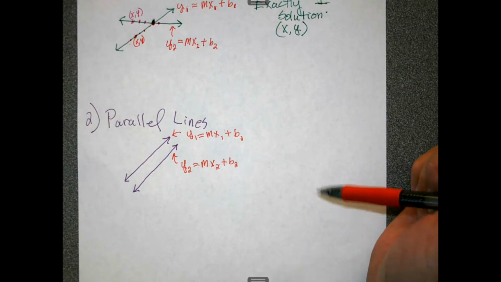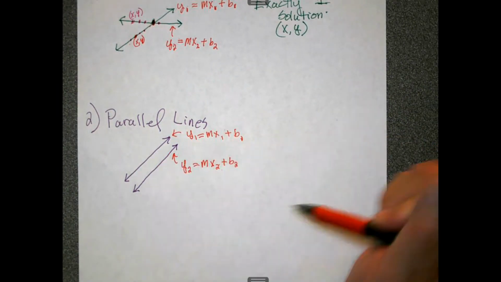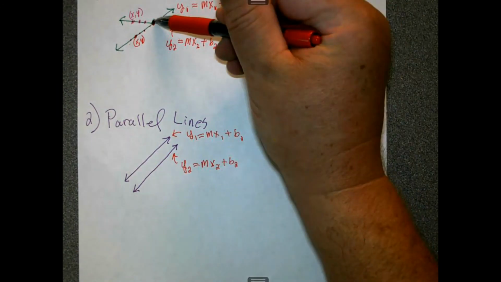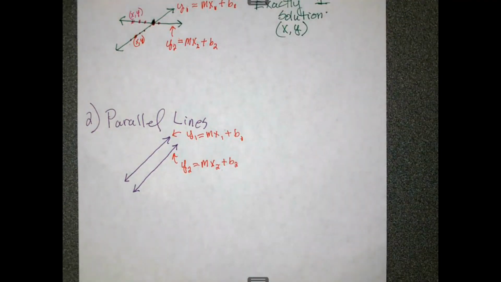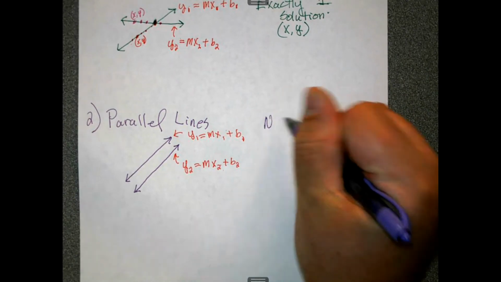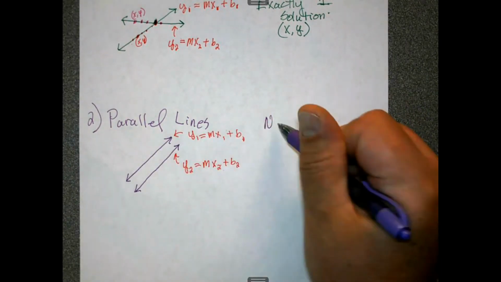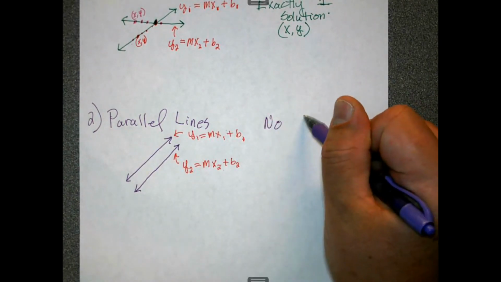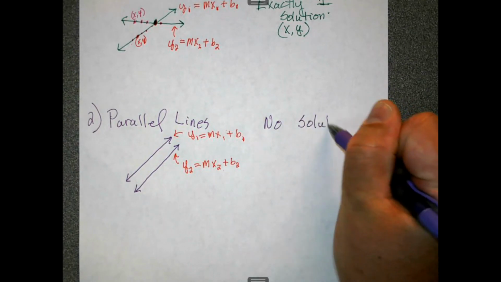No, there's no intersection point that will work in both, right? So if I have parallel lines, there will be no solutions.